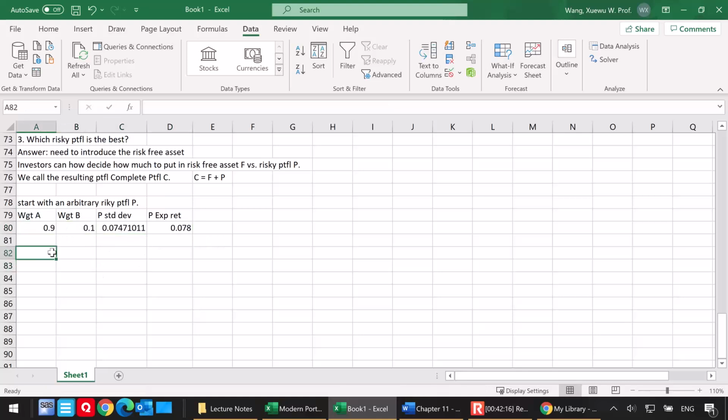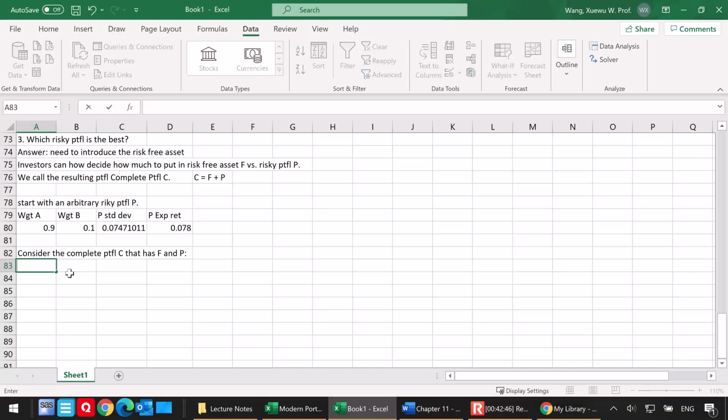In order for us to understand this part, consider the complete portfolios. Complete portfolio C has a risk-free asset and a risky portfolio in it. I'm going to consider a list of such complete portfolios that have F and P in them.